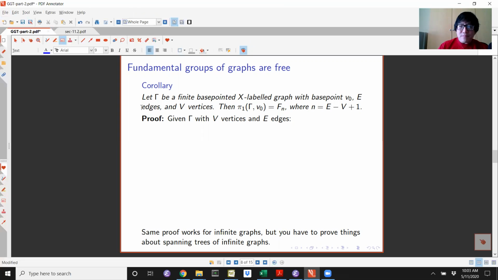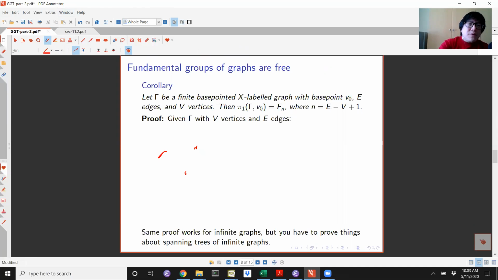So as a corollary, if you have a finite base-pointed labeled graph with e edges and v vertices, then pi one of that graph is equal to Fn, the free group on n generators, where n equals e minus v plus 1. Here's the proof. It's going to be pretty short.